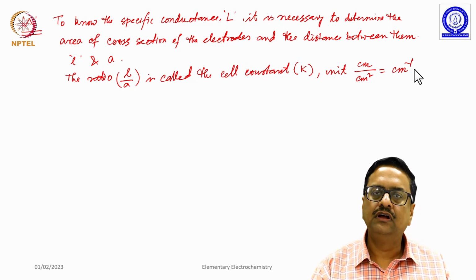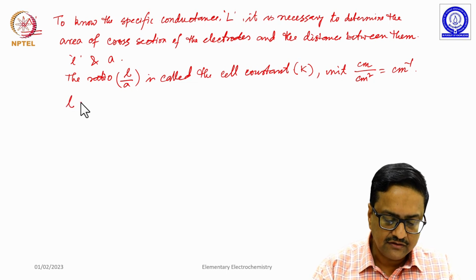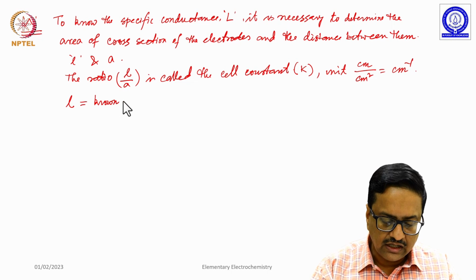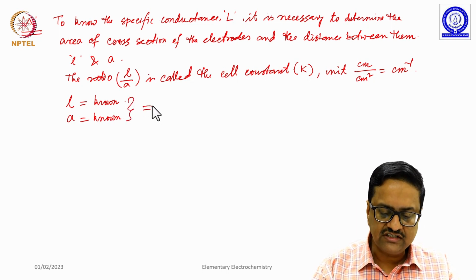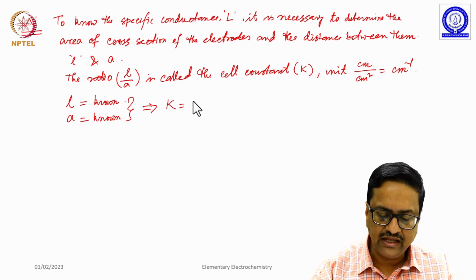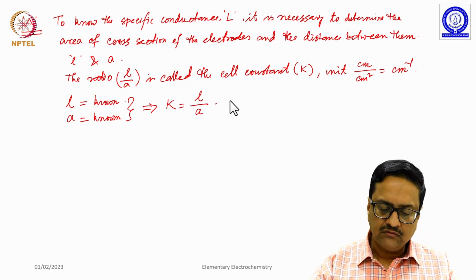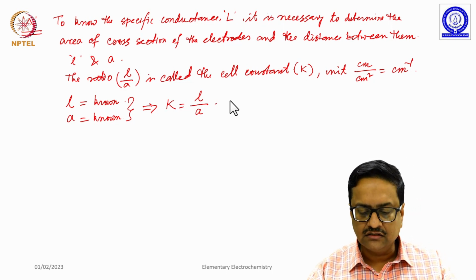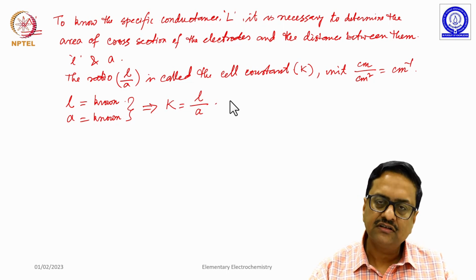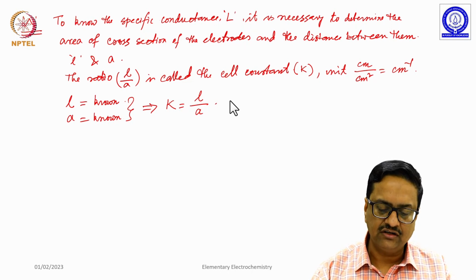So, for all experimental purposes, we should know the value of L and the value of A, which essentially means we know the value of cell constant K, which is L by A. One can design these conductivity cells with a particular distance between the two electrodes, and one can make electrodes of very accurate cross section.